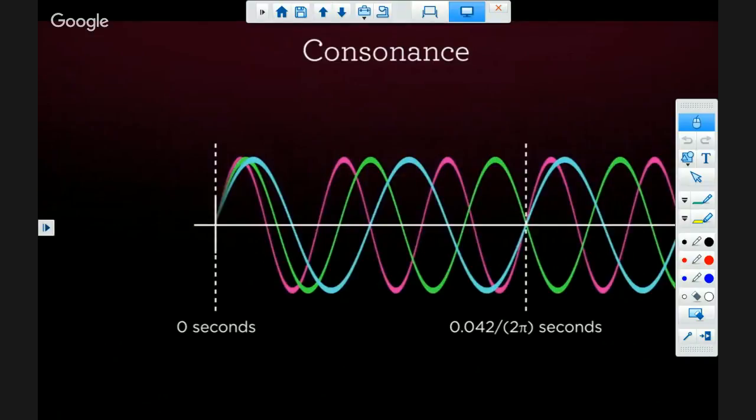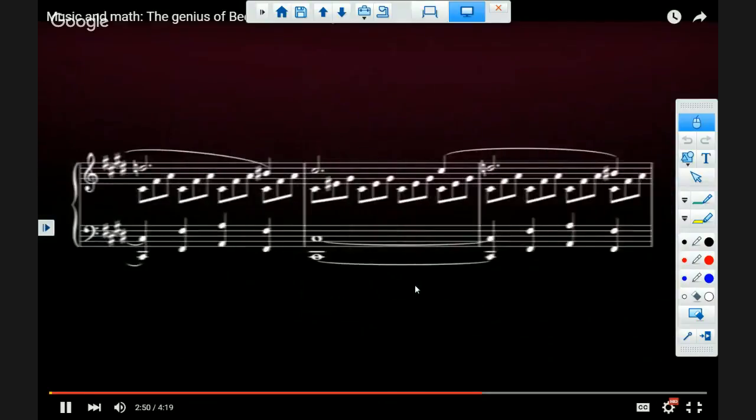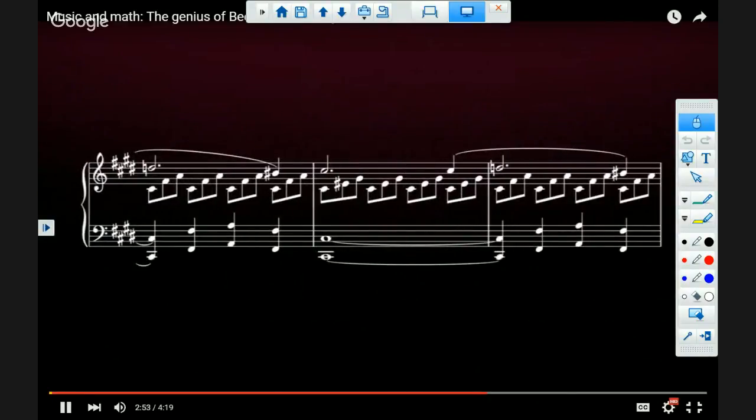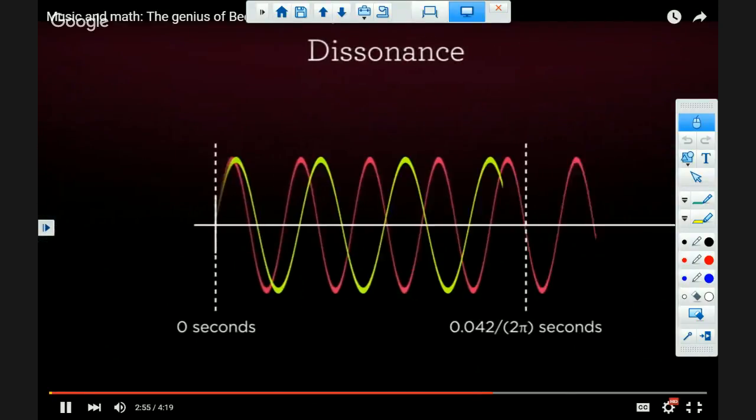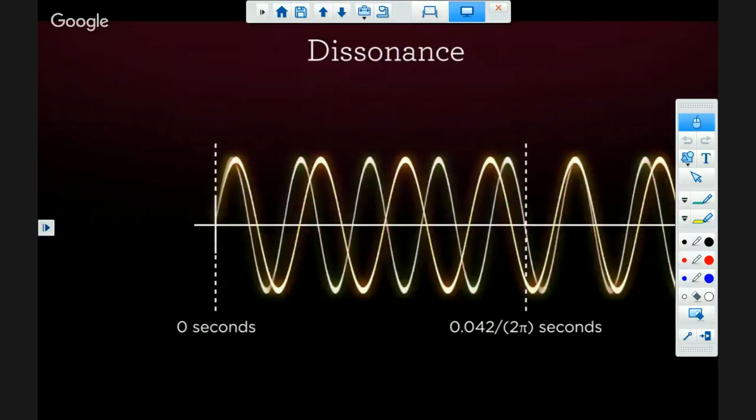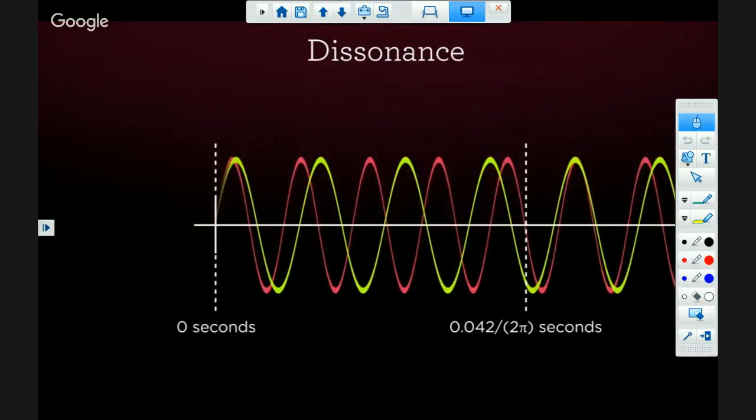But perhaps equally captivating is Beethoven's use of dissonance. Take a look at measures 52 through 54, which feature triplets containing the notes B and C. As their sine graphs show, the waves are largely out of sync, matching up rarely, if at all.